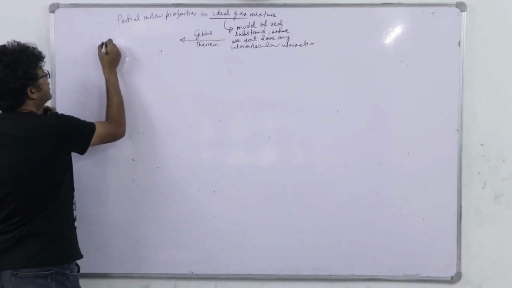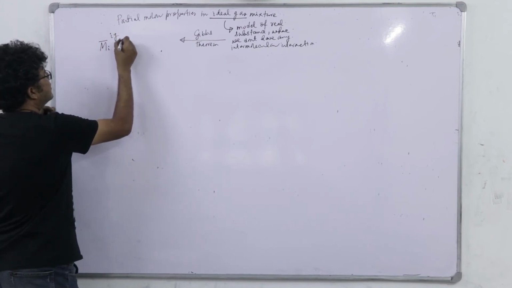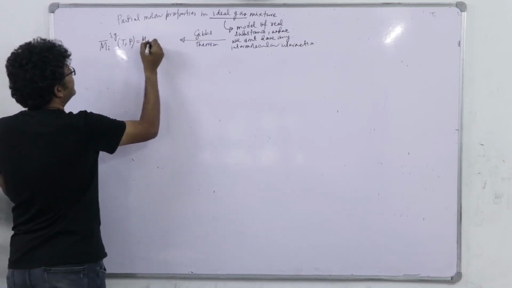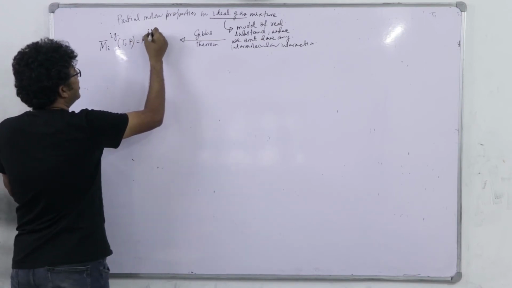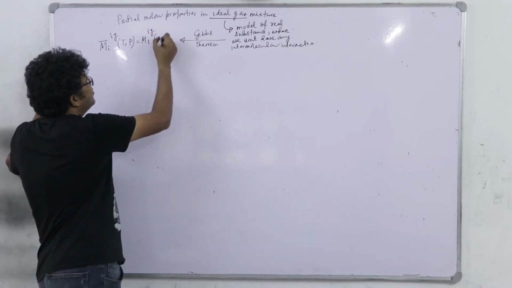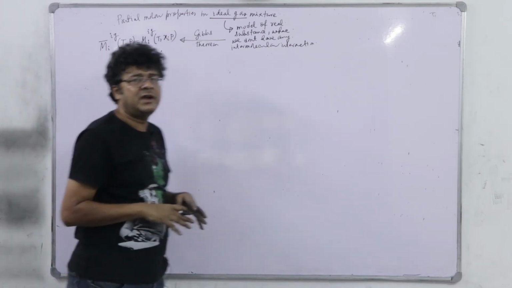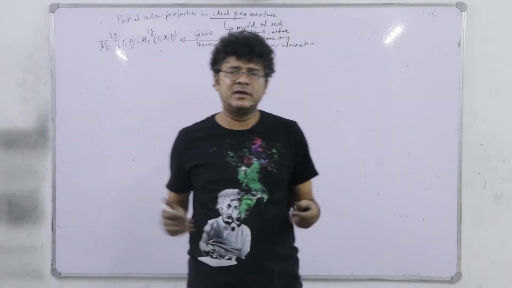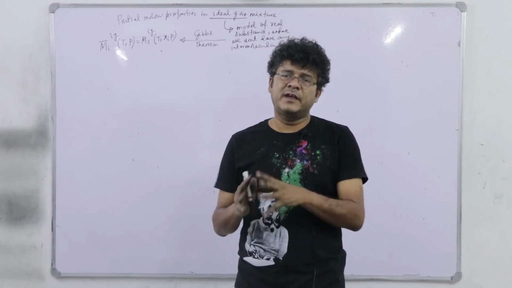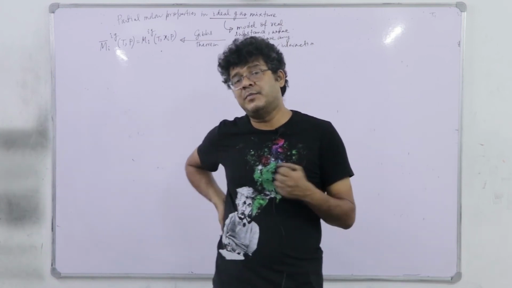It states that partial molar property of a component species in an ideal gas mixture at a temperature and pressure is equal to the pure species property of the same component at the same temperature but at partial pressure. Note that when we are mixing some components in the gas phase to generate a gas mixture, the pressure of the individual component is not the total pressure, it is rather the partial pressure.